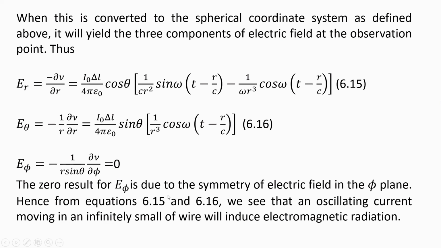So the 0 result is due to the symmetry of the electric field in the azimuthal plane. So hence from equations 6.15 and 6.16, we see that an oscillating current moving in an infinitely small wire will induce electromagnetic radiation.